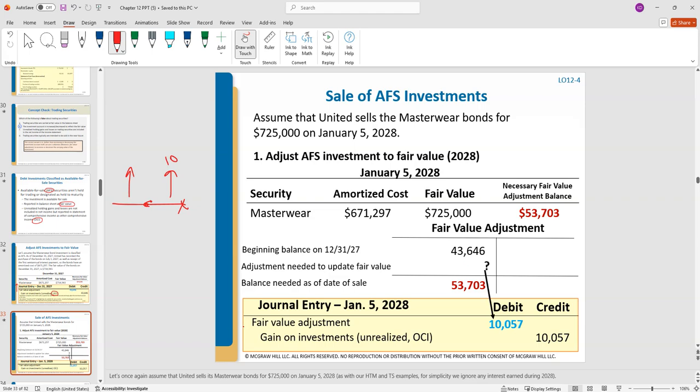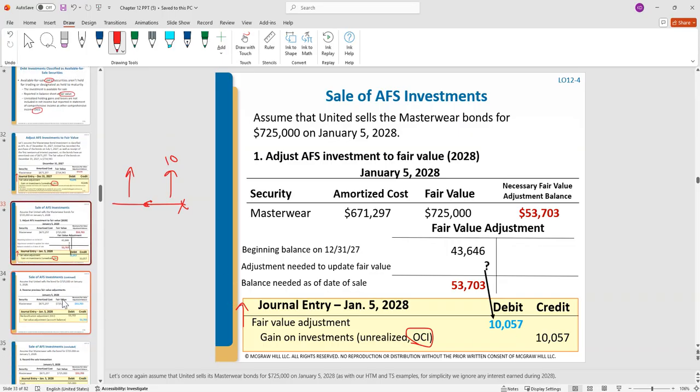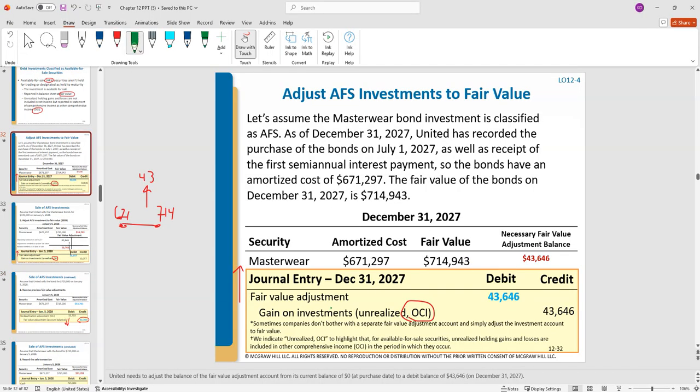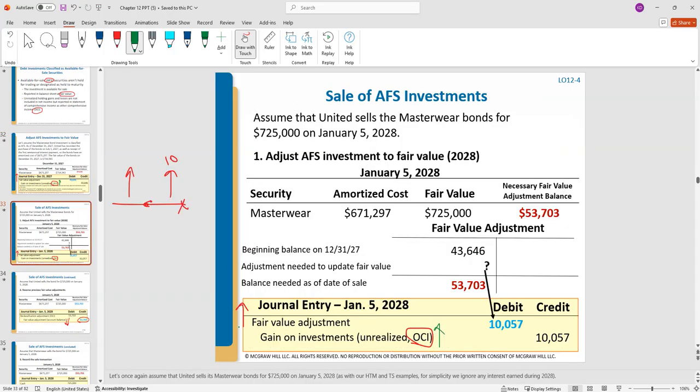In this case, first thing, again, we've got to get it up to where it needs to be. That's going to go in OCI. That's great. So we built up the fair value adjustment twice. Then we get rid of the fair value adjustment. This time, though, we built it up into OCI, 1, 2.